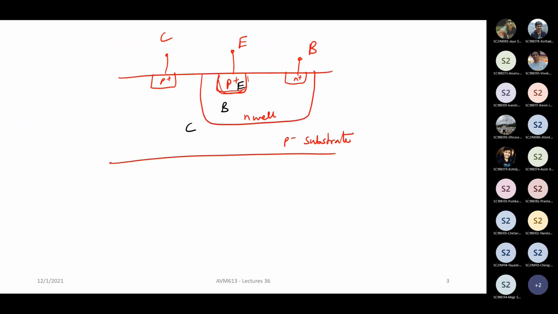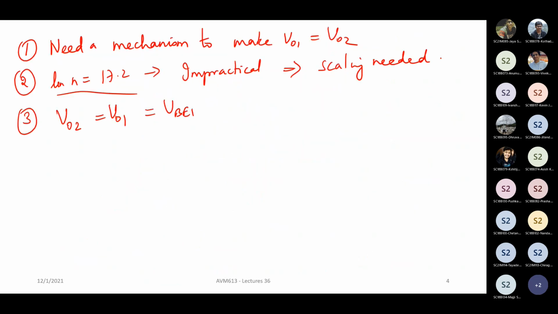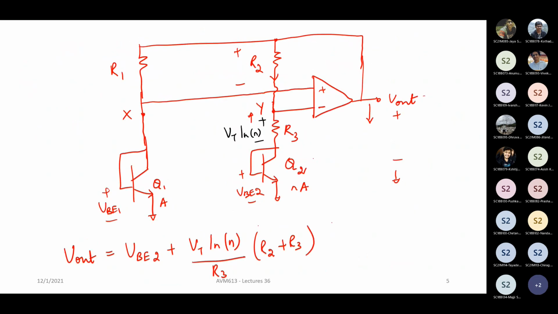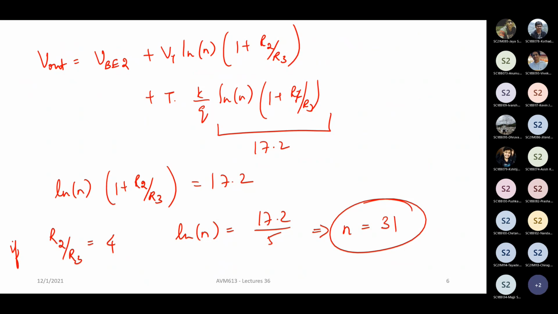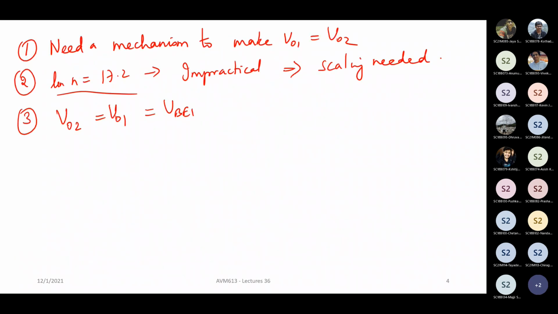Earlier we had an N which was running into 2.95 into 10 to the power of 7, but just by using this kind of an arrangement, we have reduced that N to a much more practical value, somewhere around 31. You can also go ahead and change this R2 by R3 ratio and get an even lower N or slightly higher N. Okay, so the second problem is also taken care of.